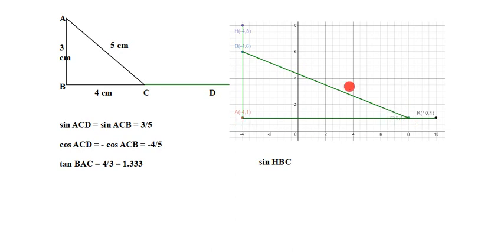Do you remember how to find out the hypotenuse? The relationship is going to be the same. So we need to solve that first. Okay, I'm going to move this here.